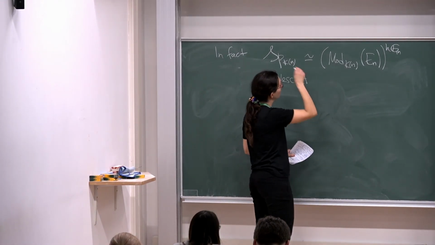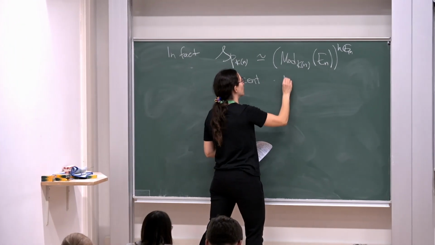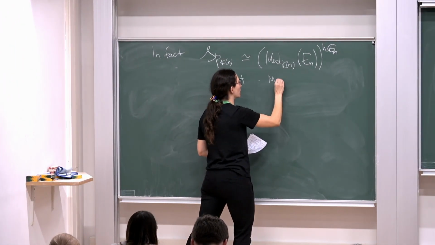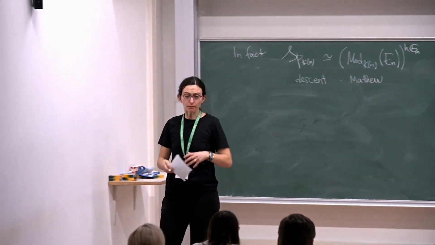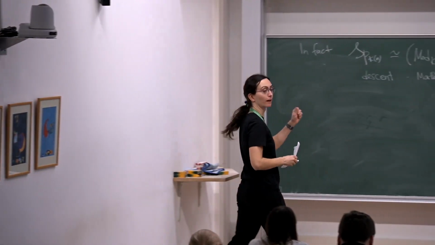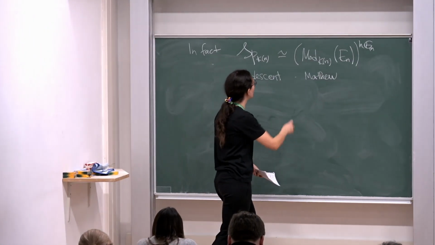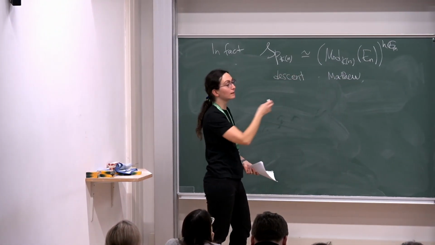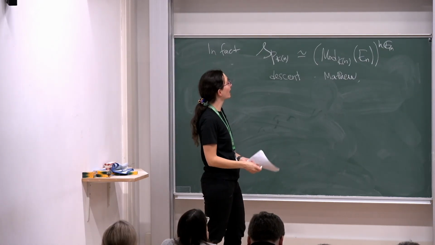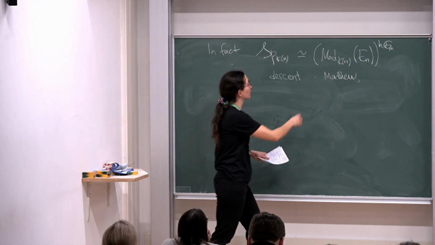Maybe one way of thinking about this is through work of Mathew on categorical Galois correspondence in this world of infinity categories. And then maybe more recently, using pro-étale topologies and things like that.